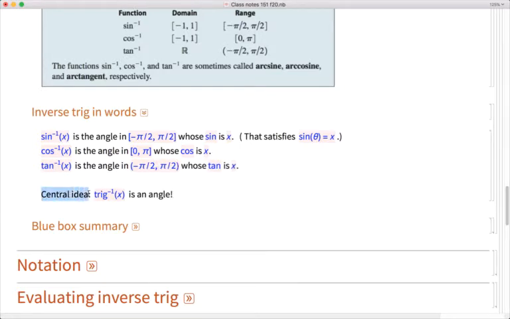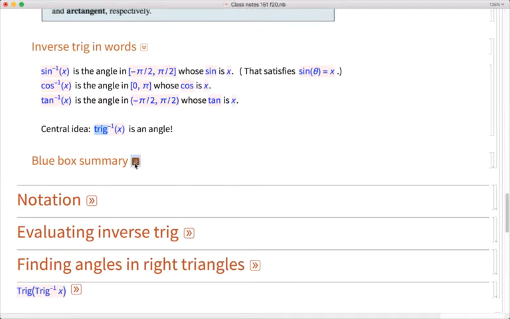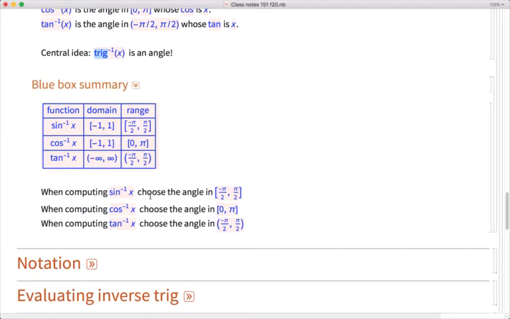But a central theme to always hold on to is that these inverse trigs, be they sine, cosine, tangent, are angles. You always want to think of them that way. They're angles. Okay. This is just the essence of that blue box, if you want to look at something a little tamer with fewer words: the inputs to the function and the possible outputs for the function.